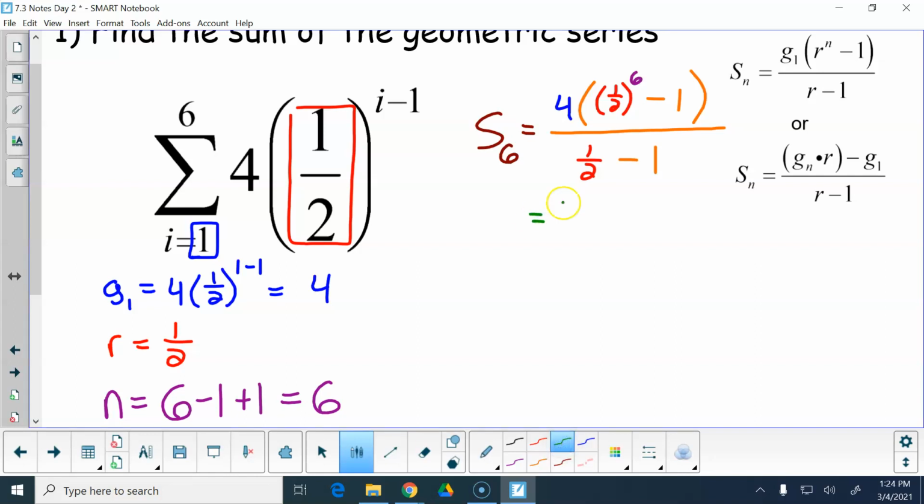This is 4 times 1/2 to the 6th power, which is 1 over 64. Right? 1/2 minus 1 is negative 1/2.